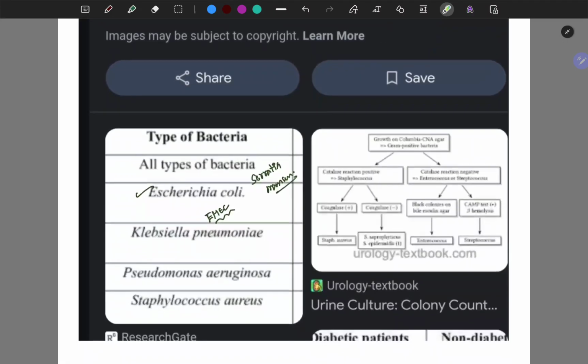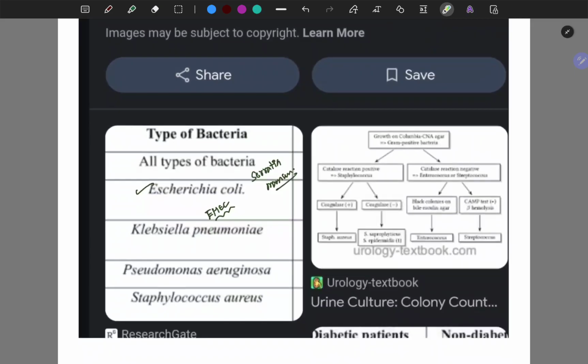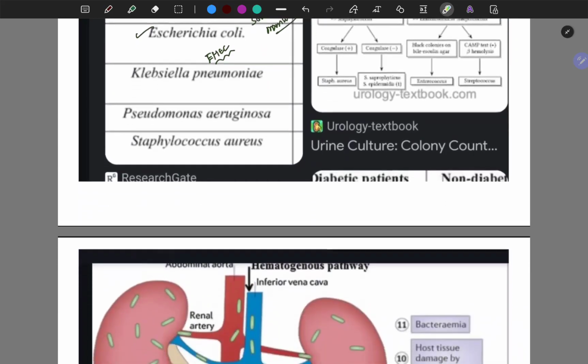Right. Now, if they are asking you a question about E. coli, there are many things there. Just remember this: enteroaggregative E. coli, enterohemorrhagic E. coli, enterotoxigenic E. coli. So this one point you have to remember.